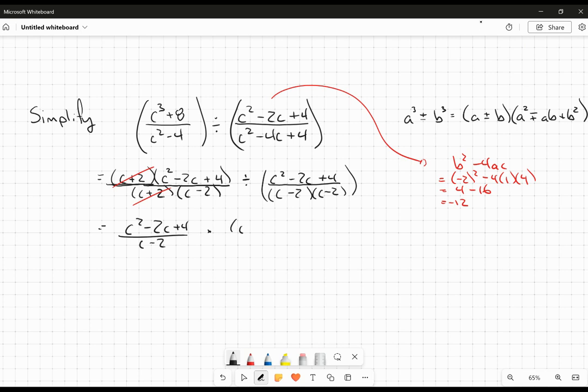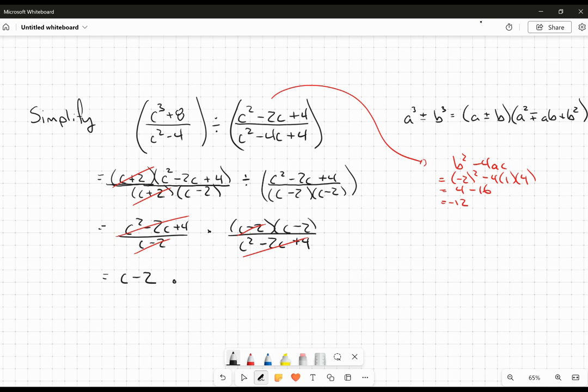So this will end up being c minus 2 in the numerator, all over c squared minus 2c plus 4. Notice that the c squared minus 2c plus 4 is going to cancel. I'm also going to get one of the c minus 2's canceling. And so the only thing I have left here is this c minus 2 in the numerator.